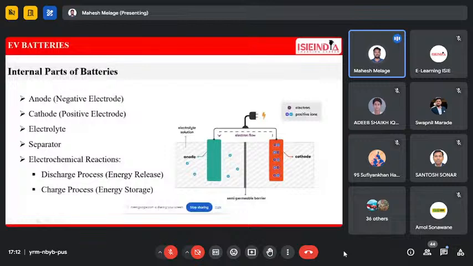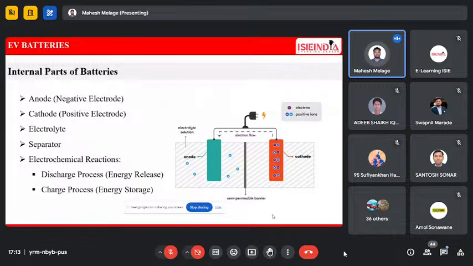Next, the separator is most probably made of polymer material such as polythene and ethylene polymer materials, a mixture of polymer materials also. Okay, they allow only the positive ions. The electrochemical reaction occurs in a discharging process or charging process.